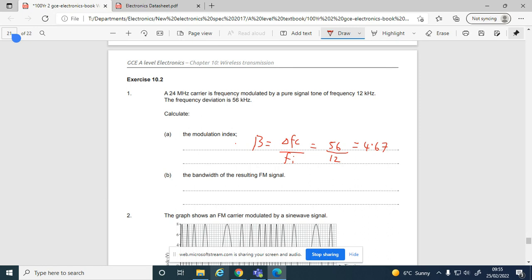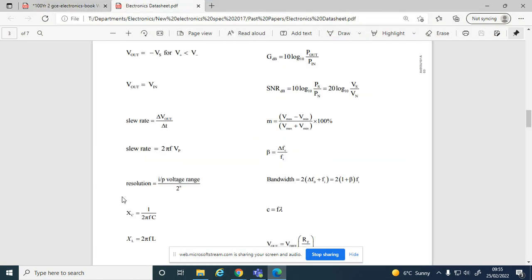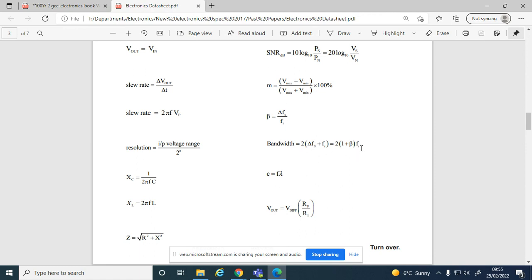Bandwidth, you've got a couple of equations for bandwidth. Let me just show you from the data sheet. There's a couple of equations you can use there. One with the deviation and the information, which I've just used, or you could use the beta value, which we just calculated. So it's entirely up to you, really.